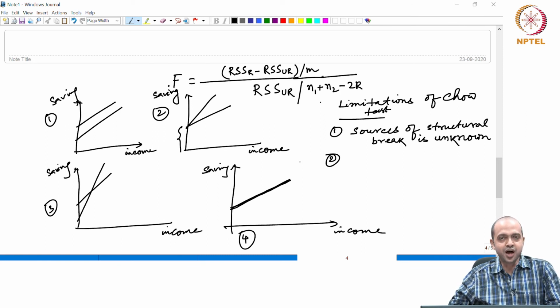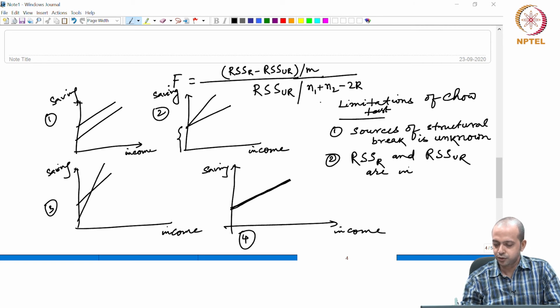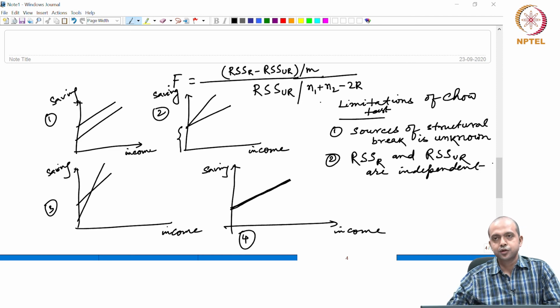That means RSSR and RSSUR are independent, which implies that u1t and u2t, the error terms of the 2 different time periods, are independent.